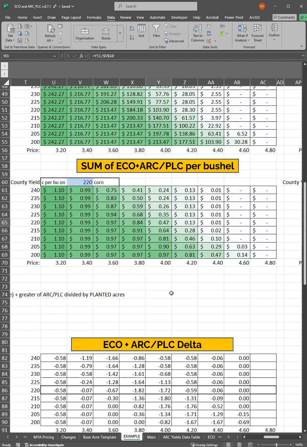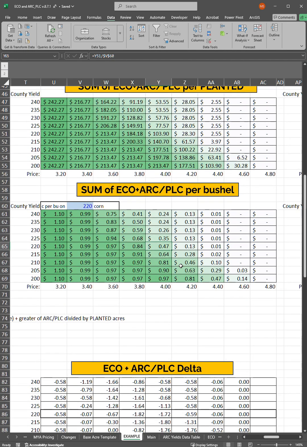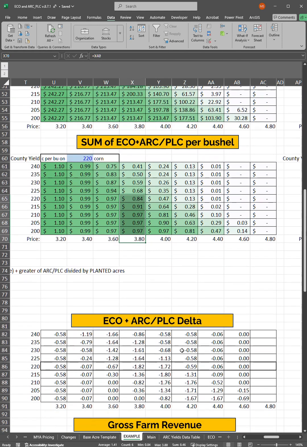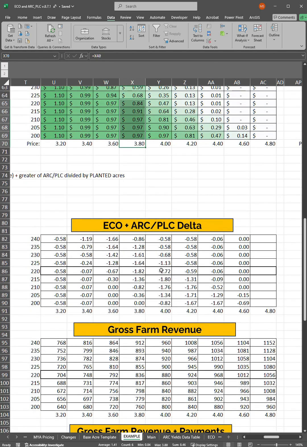So how do we want to take this into account with our marketing plan? If we have 50 cents a bushel of payment at $4 and we have 84 cents a bushel of payment at 380, that means that our downside protection is actually more than just a hedge would be. So this chart down here is called delta.